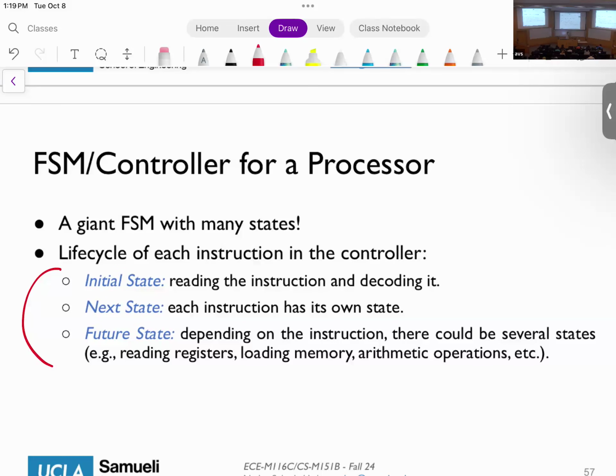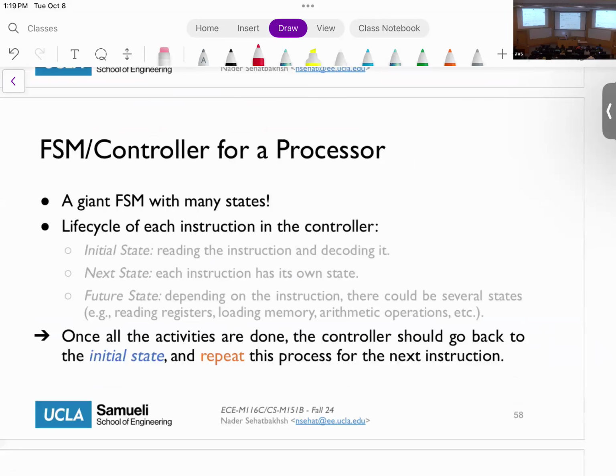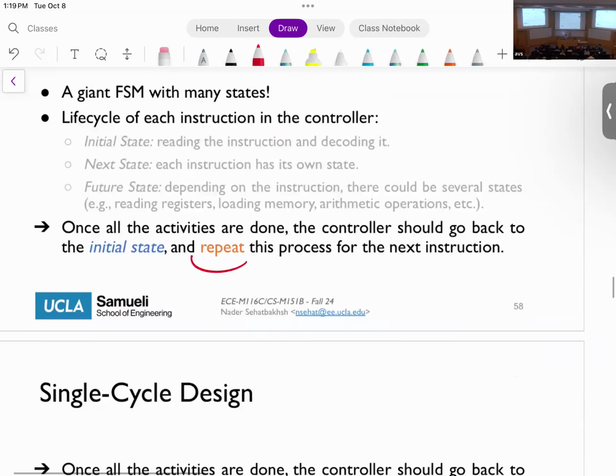The next state is some process of executing and reading memory and all those things. And then finally, we update the PC and go back to state 1, which is fetching the next instruction, okay? And as I said, we repeat this process over and over. So we're going to go all the way down, then come back up to the first initial state, and then repeat this process over and over again, okay?